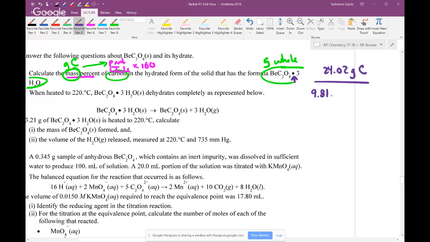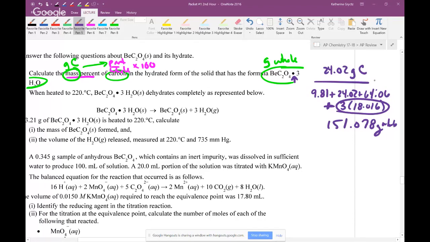I just plugged it all into my calculator. It's 151.078. Okay. All right. So when you tack on that .3H2O, that means add 3 waters to it. Yes, ma'am.